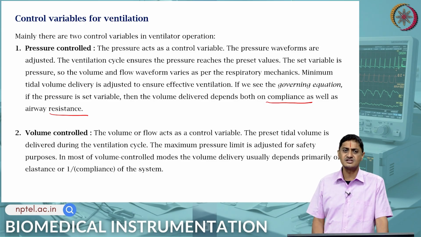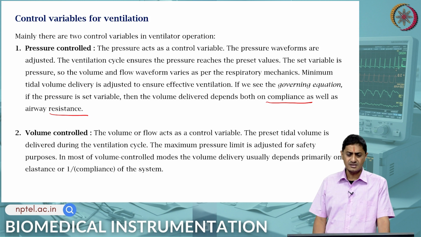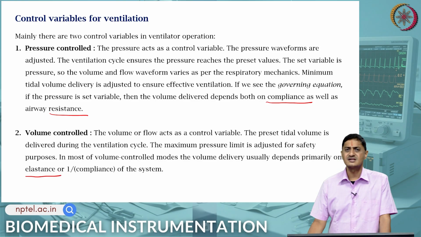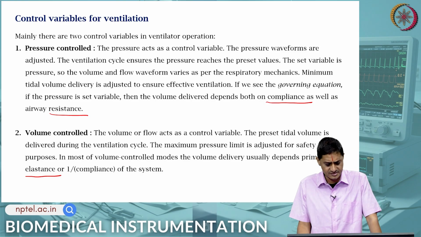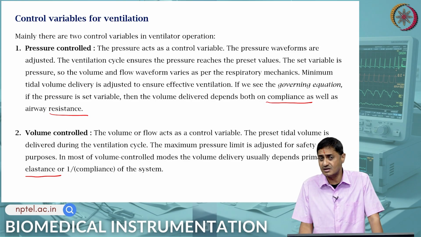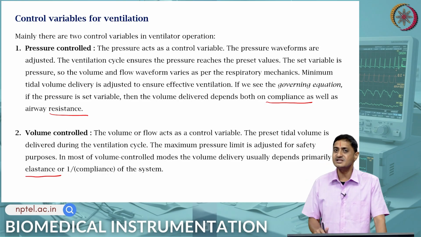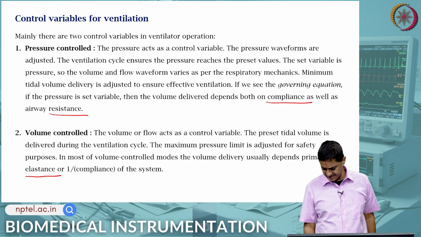The maximum pressure limit is adjusted for safety purposes. In many volume controlled cases, volume delivery depends primarily on compliance, or elastance. Elastance is the inverse of compliance of the system. Recall that in the pressure case, it is dependent on both compliance and resistance. In the volume case, it is dependent primarily on elastance.